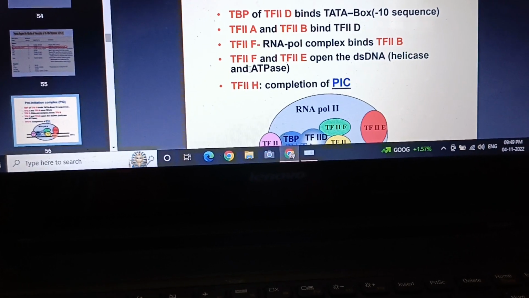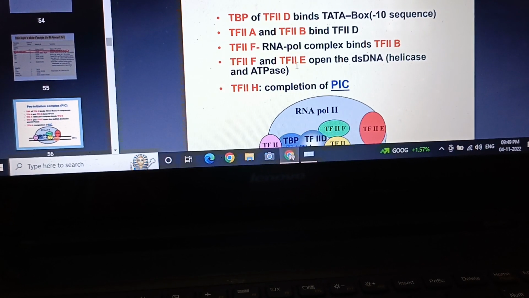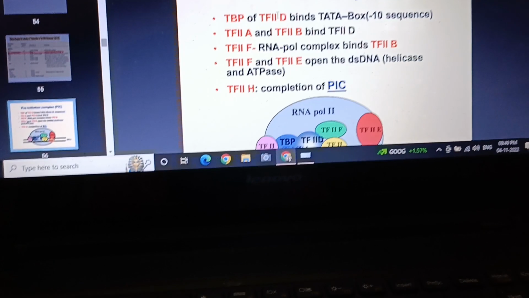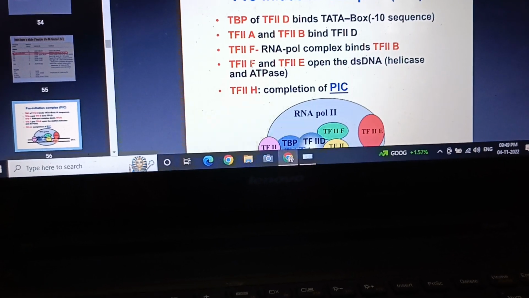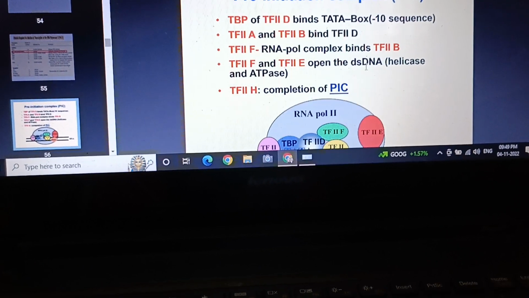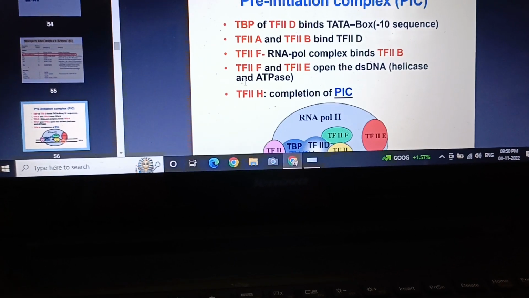So what is here? TF2F and E open the double-stranded DNA helix. Once the binding process is done, F and E open up the double-stranded DNA with the help of helicase and ATPase enzyme.